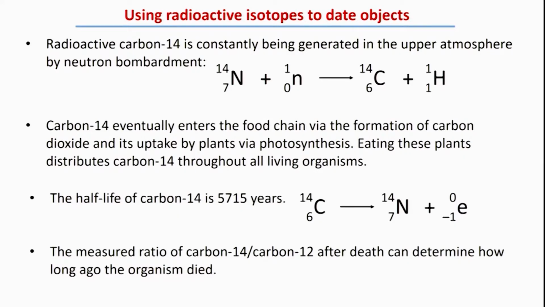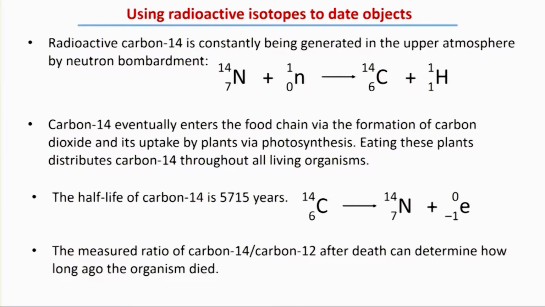You've probably heard of using carbon-14 to date objects. Let's look at how carbon-14 is actually produced in the first place. All of carbon-14 is produced in the upper atmosphere, and this occurs when a neutron bombards a nitrogen atom up in the upper atmosphere.